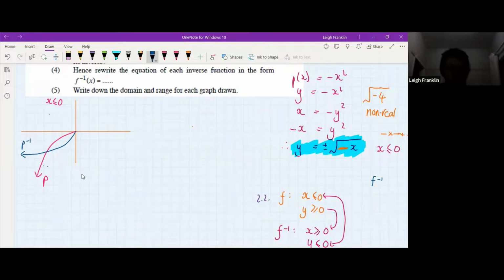Okay, so the inverse will be minus the square root of x, and this has to be where x is smaller than or equal to 0.